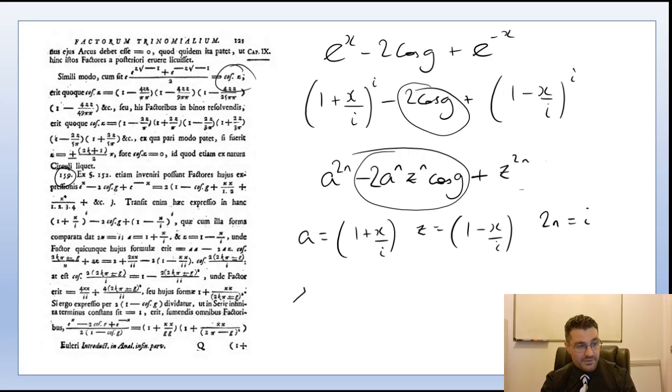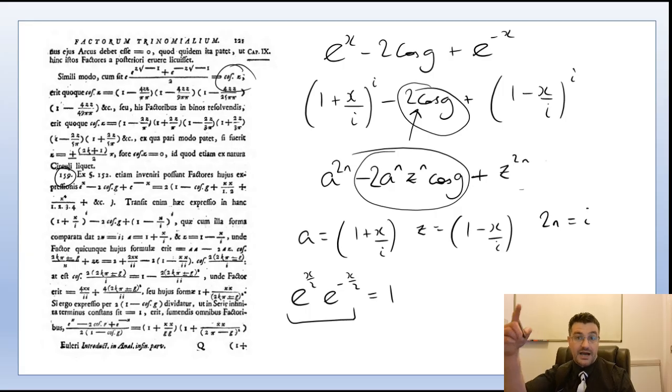However, if we remember that e to the power of x over 2 times e to the power of minus x over 2 is equal to 1, then we can stick that in here, 2 times this, and then e to the power of x over 2 is 1 plus x over I to the power of I over 2, and z to the power of n is 1 minus x over I to the power of I over 2. And everything matches up perfectly.